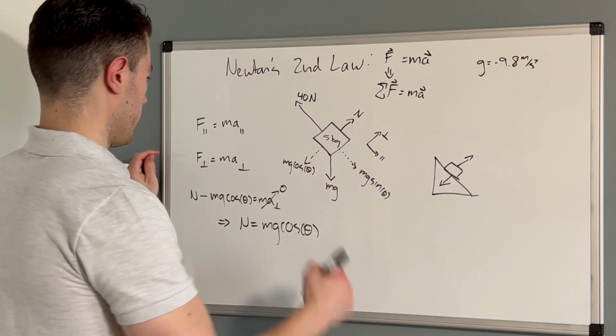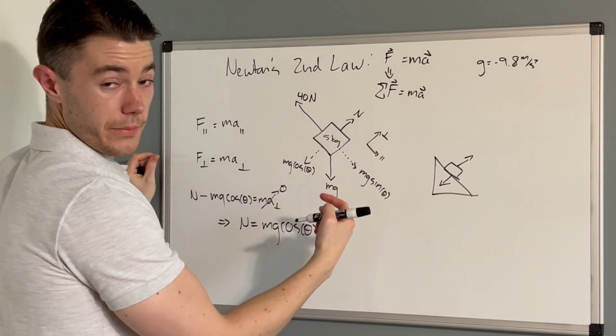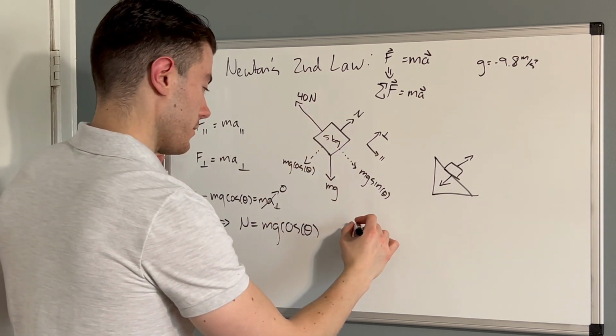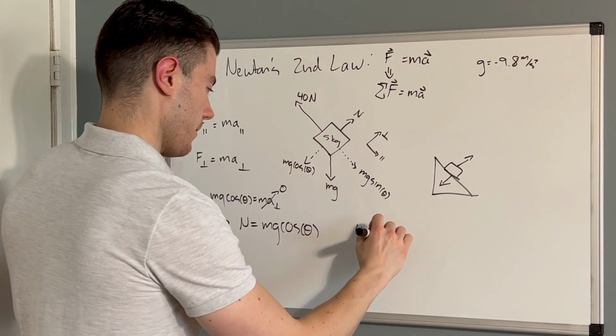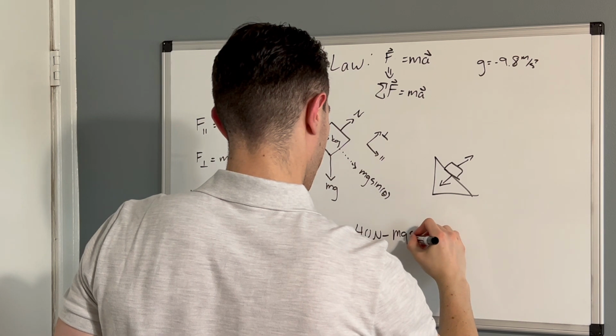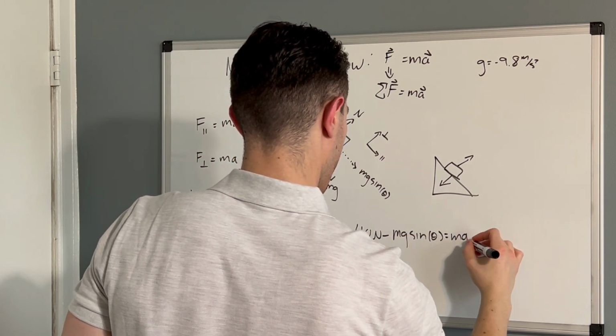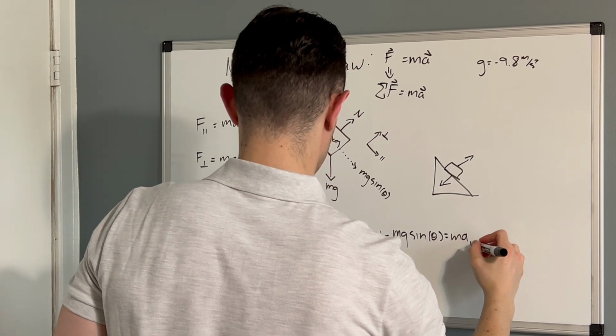And then now let's do the parallel dimension. Remember, I defined up the incline to be positive. 40 newtons minus mg sine theta equals ma parallel.